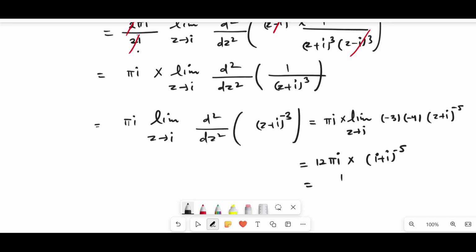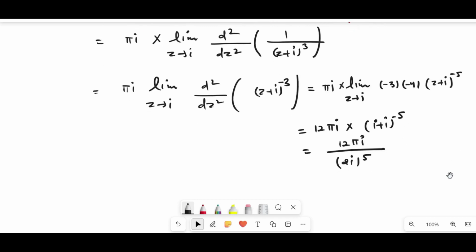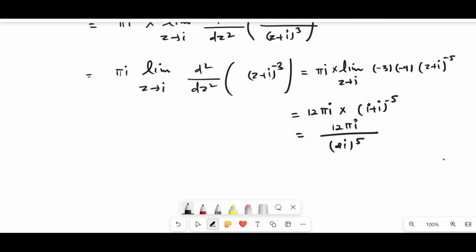It will give 12 pi i over (2i) to the whole power 5. So further simplifying, this value is equal to 12 pi i over 2 to the power 5, that is 32 times of i.